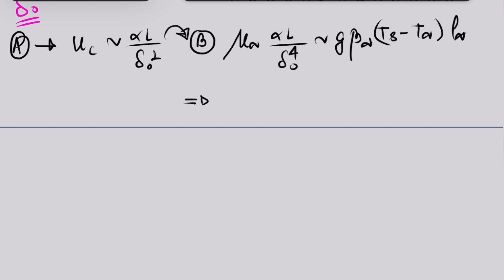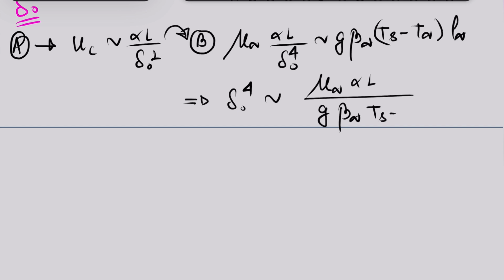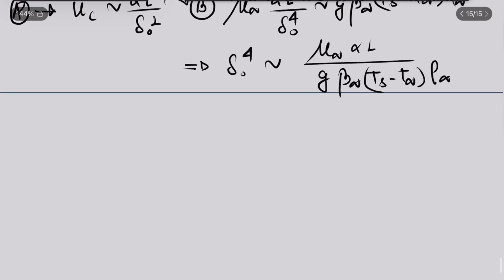So now this will mean that delta naught to the power 4 is of the order of mu infinity alpha L by g beta ts minus t infinity rho infinity. Clear?